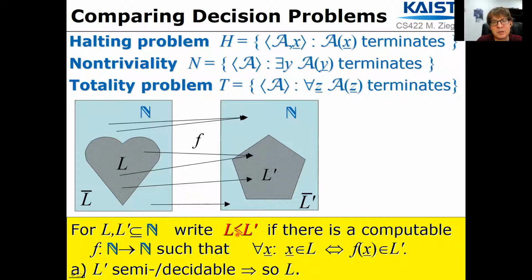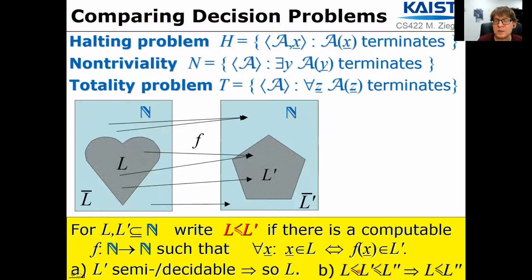So it should be almost an order relation, and the important property of an order relation is transitivity. Indeed, this notion satisfies transitivity: if L is at most as difficult as L prime, and if L prime is at most as difficult as L double prime, then we would expect L to be at most as difficult as L double prime if this definition accurately captures our intuition, and indeed it does.